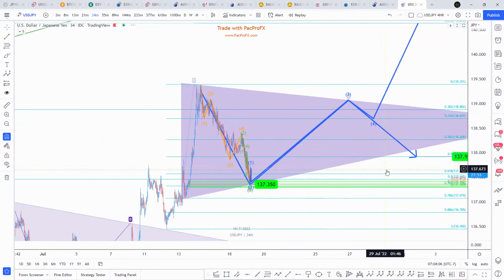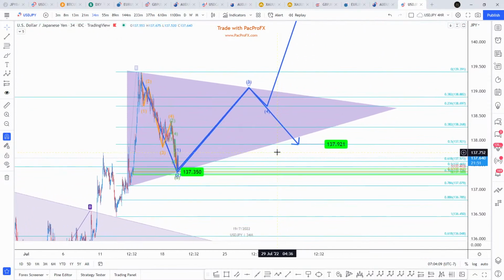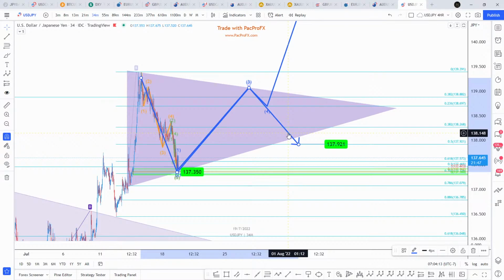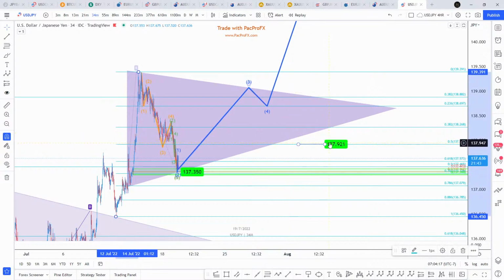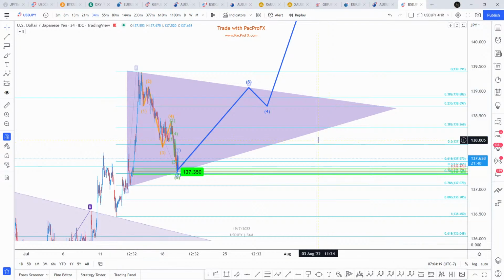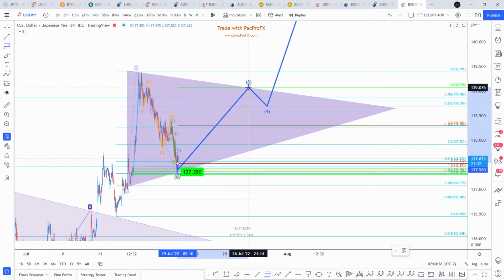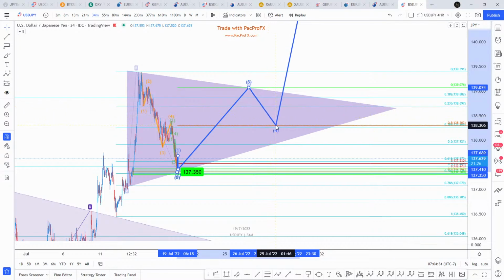This may pull back down to here, although I don't think it will. So let's remove that. I really don't think it'll pull back here. If anything, it'll pull back a small amount to the 5. I think it'll pull back to the 5.